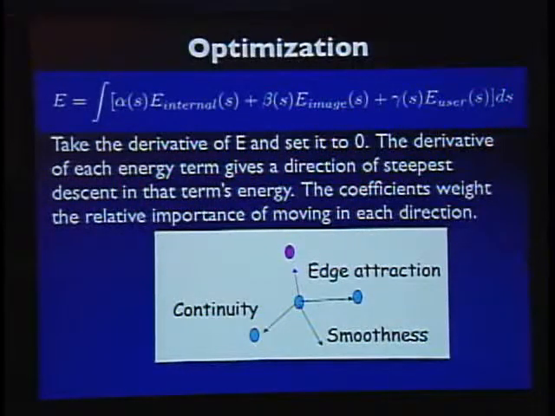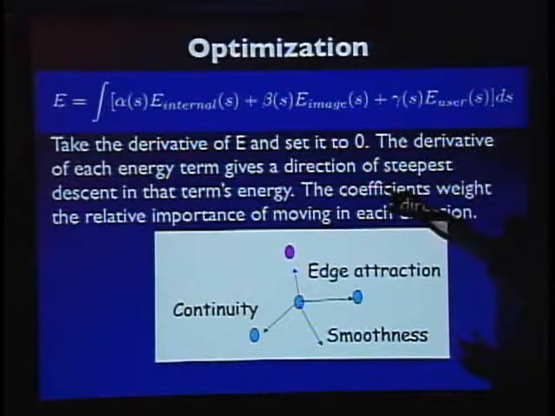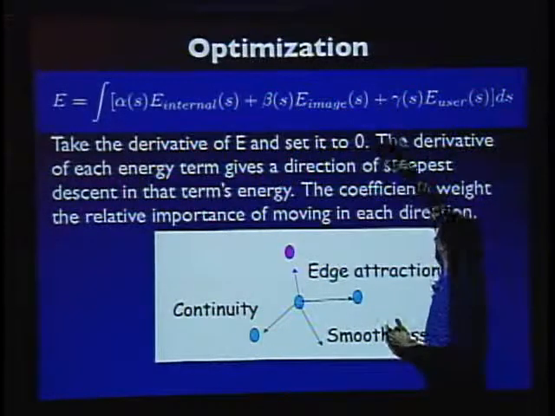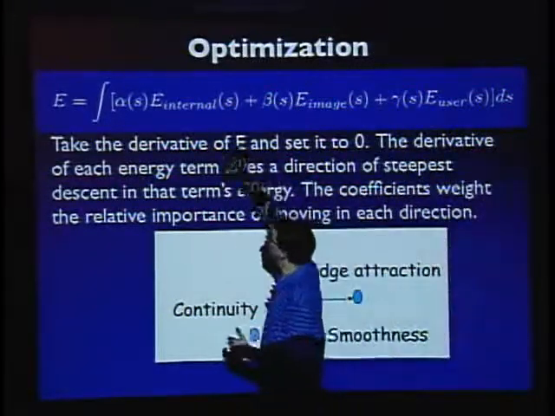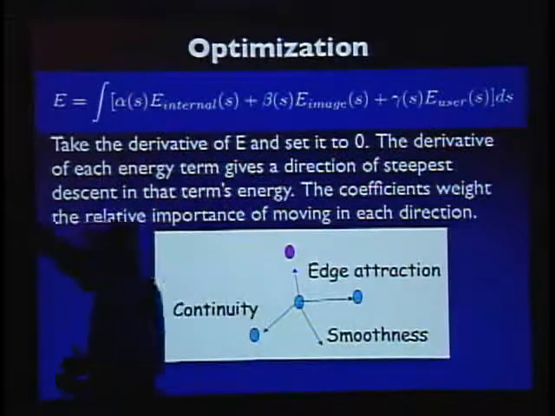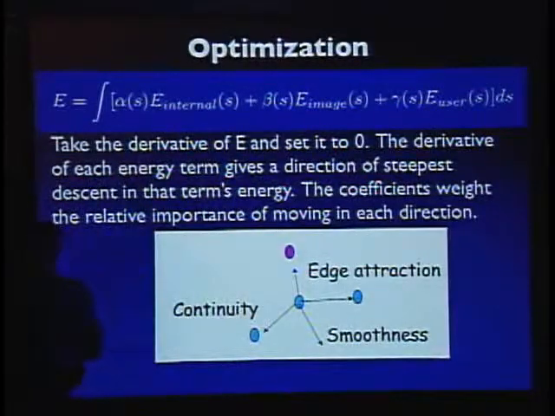This is actually the most useful thing you can do to debug your code, in fact. What you can do is essentially turn off all but one of these energy terms. Turn off E-image and E-user, and simply say, okay, if I try to minimize the internal energy, do I end up with something that looks like a sphere? I should.